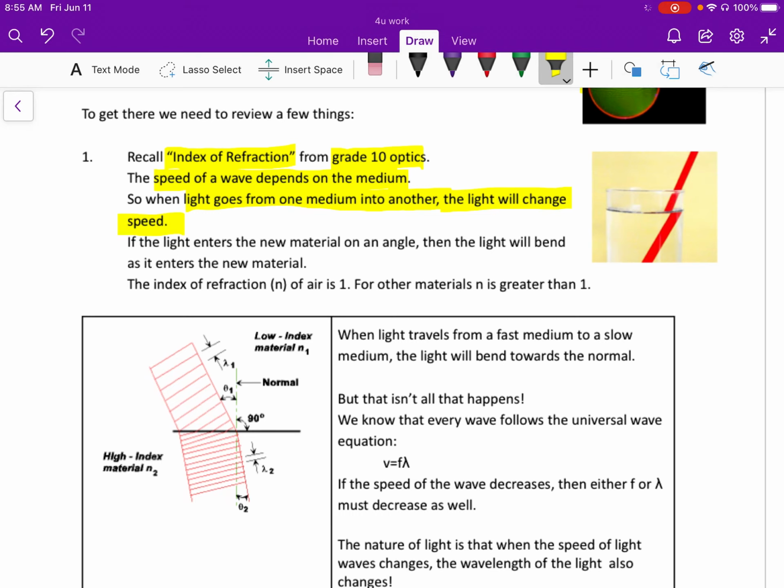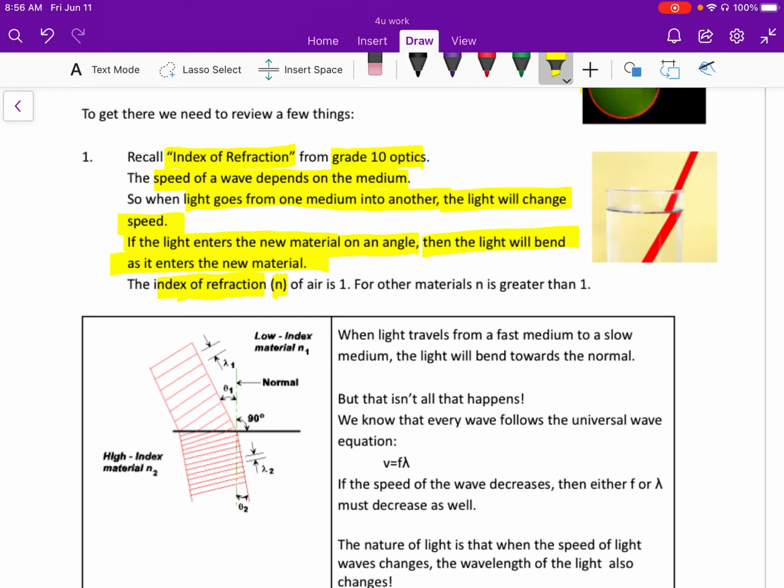What you focused on in grade 10 is that if the light enters the new material on an angle, then the light's going to bend. We call that refraction. Index of refraction is a number. We short form it with the letter n, and it tells you how much slower light is going in that new material compared to how fast it was going in air.